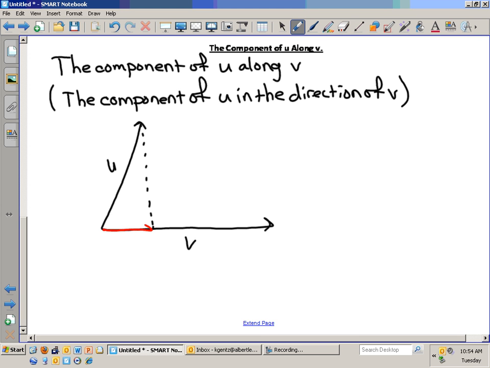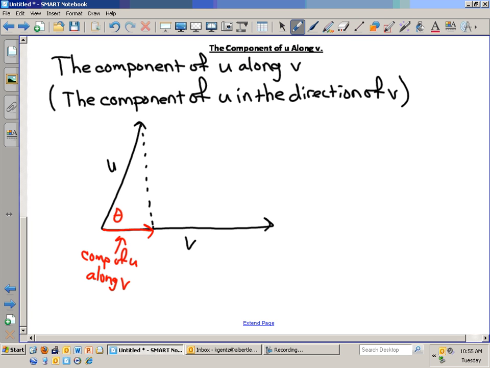The red refers to the component of u along v. Call that theta. Well, you tell me, you super smart trig people. If you wanted to find that component, what would you use?